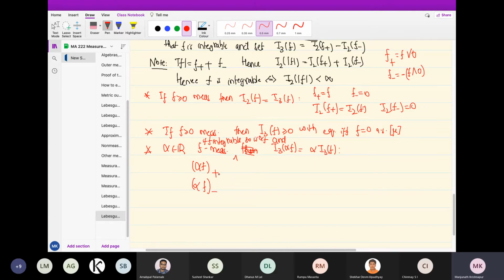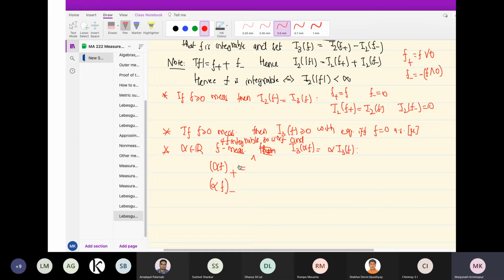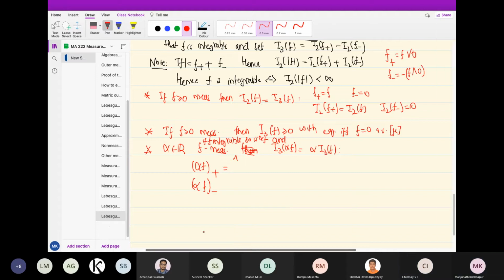Okay, so what is the positive part of alpha f? Alpha times the positive part of f. Is that right? Alpha should be positive.